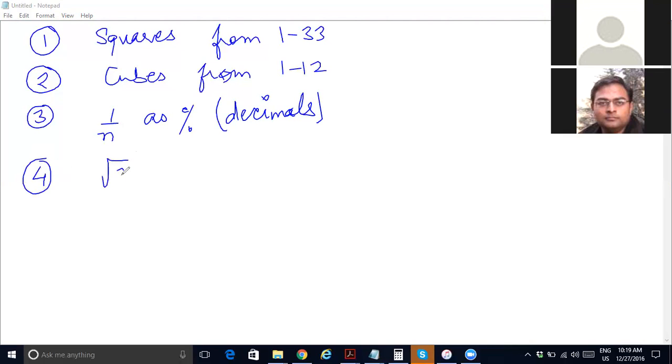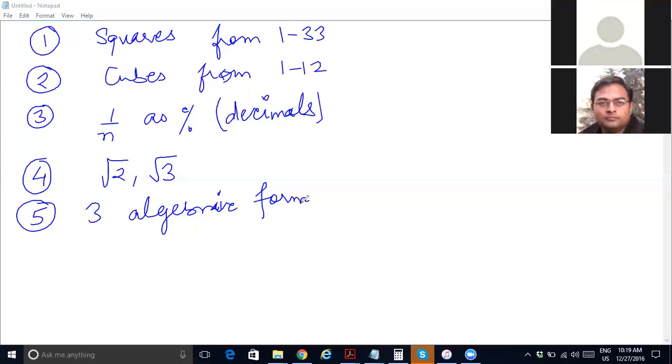The value of under root 2 and under root 3. The three algebraic formulas that we did.